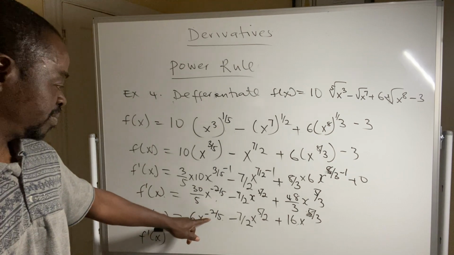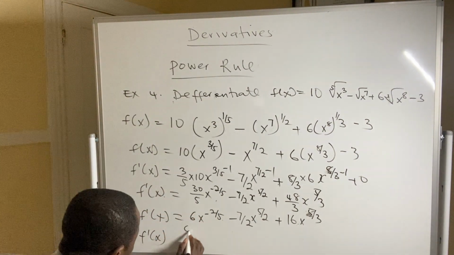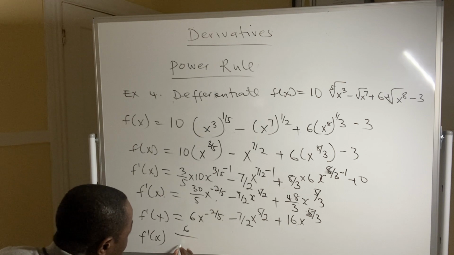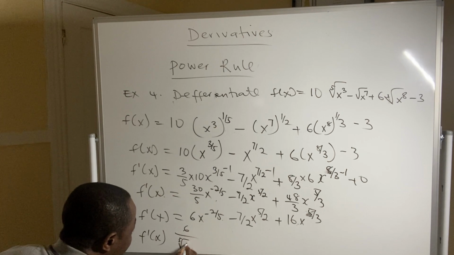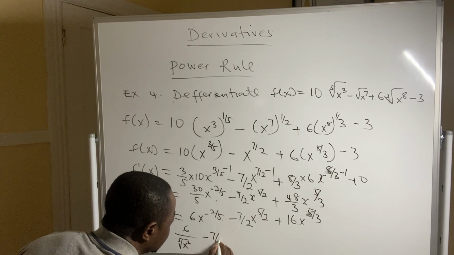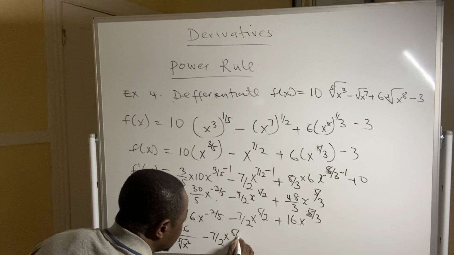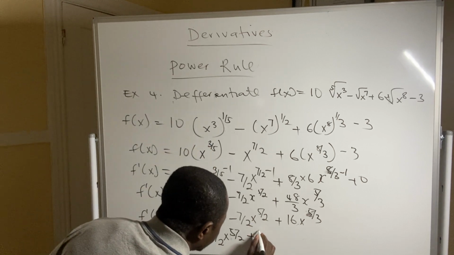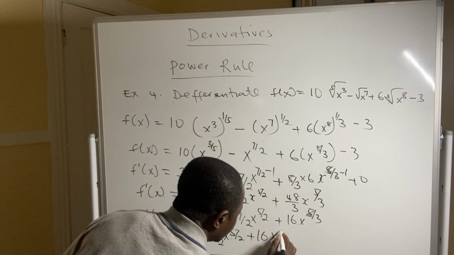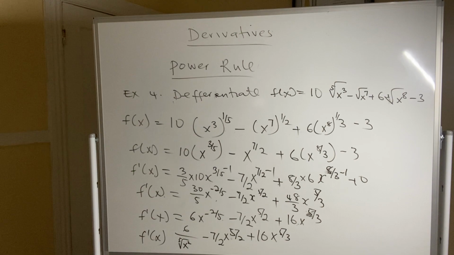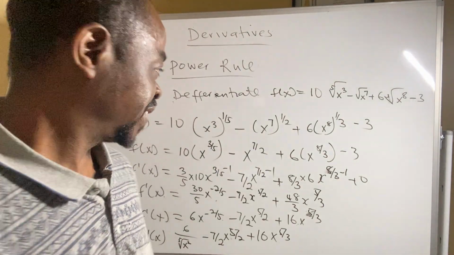If you don't want the negative sign to appear, you can write it as 6 all over the square root of the 5th root of x raised to the power 2, then minus 7 over 2 x to the power 5 over 2, then plus 16x raised to the power 5 over 3. Right. So that is the final answer.